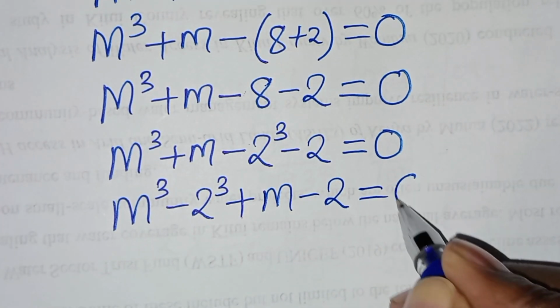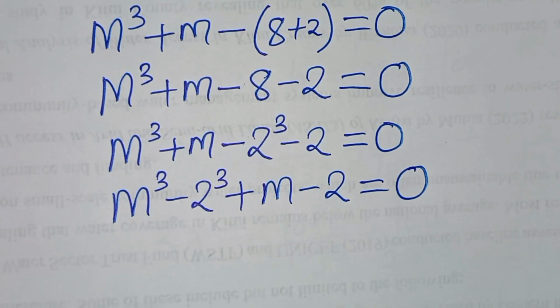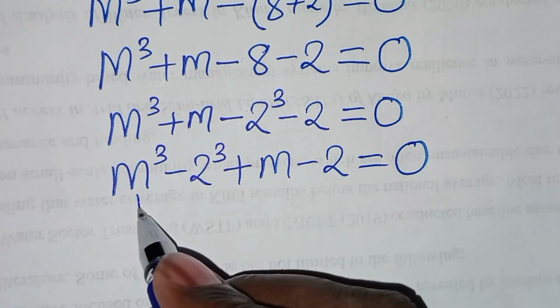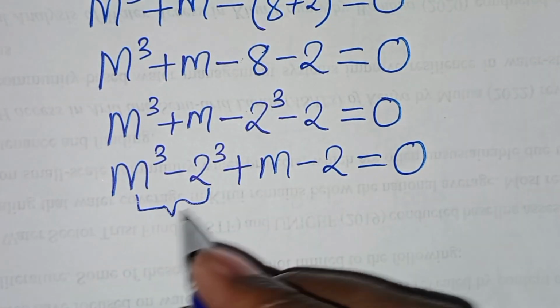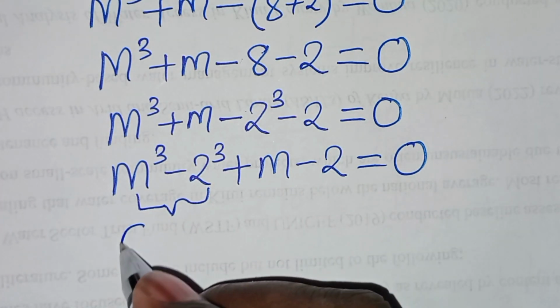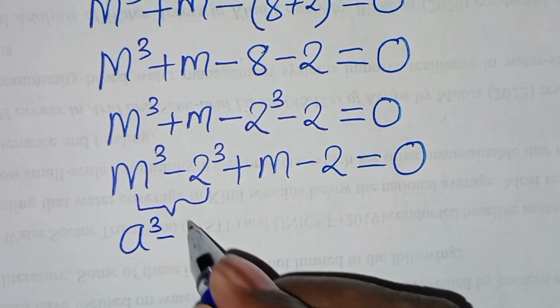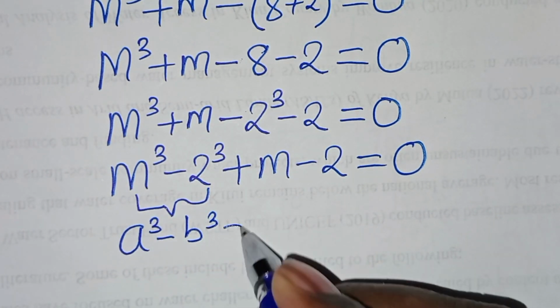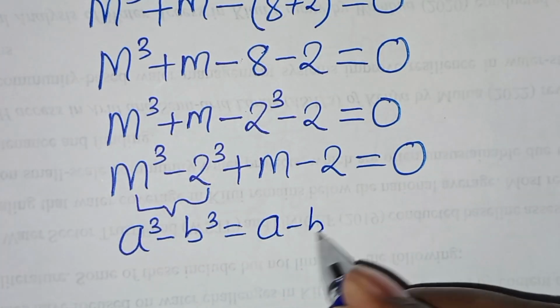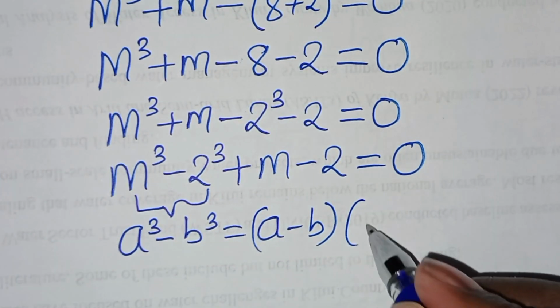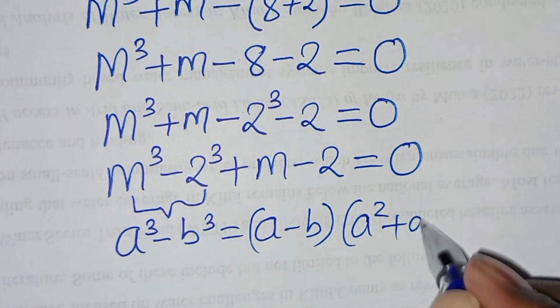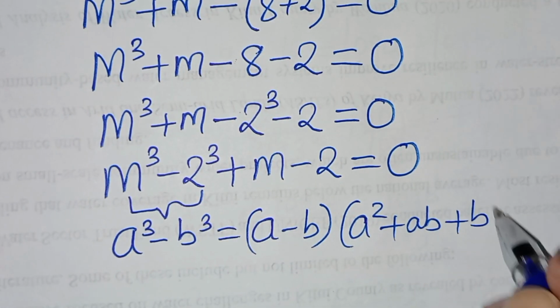This is equal to 0. Now, this part is the difference of two cubes, expressed as a to the power 3 minus b to the power 3, which we can express as a minus b, times a squared plus a times b, then plus b squared.